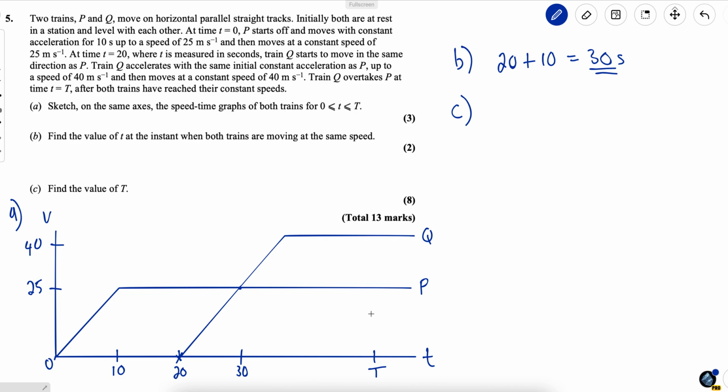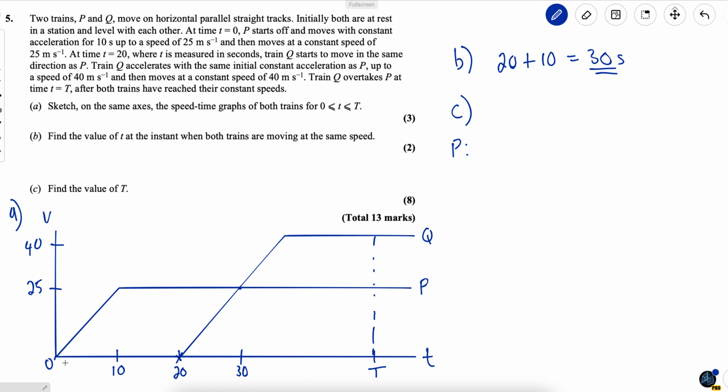Now for P I can calculate that straight away. You can split this up into a triangle and a rectangle to calculate, but I'm going to just dive in and calculate it as a trapezium. So it's the area up to here under this first graph.